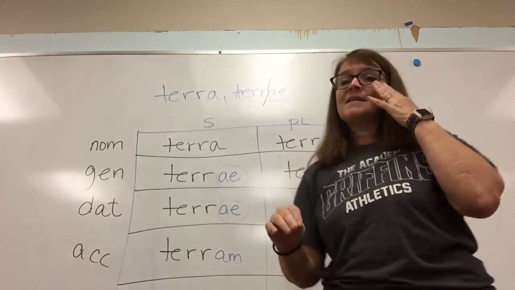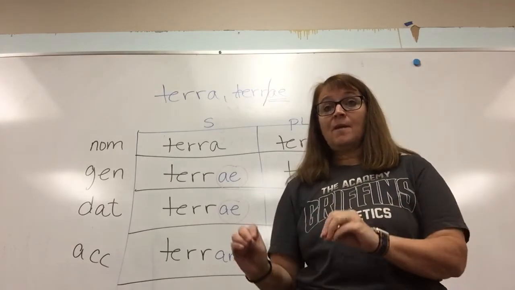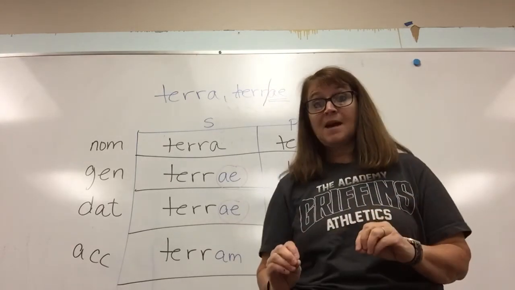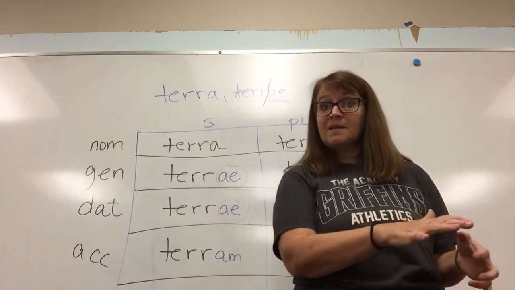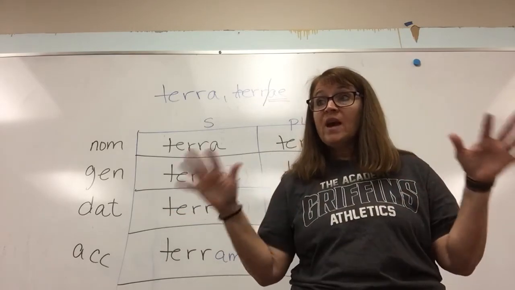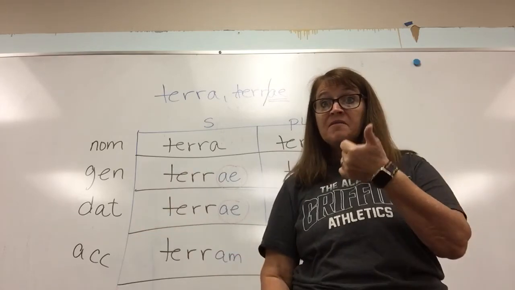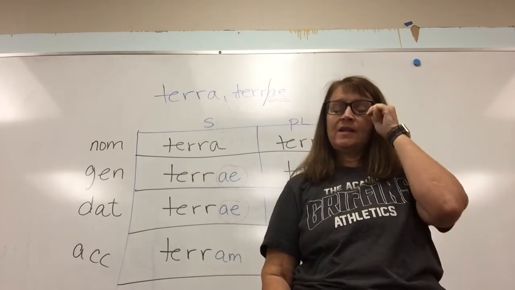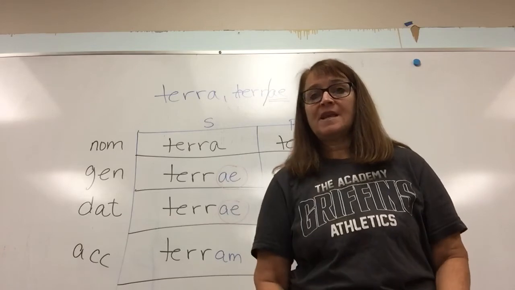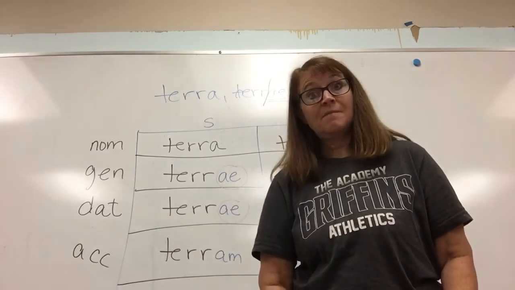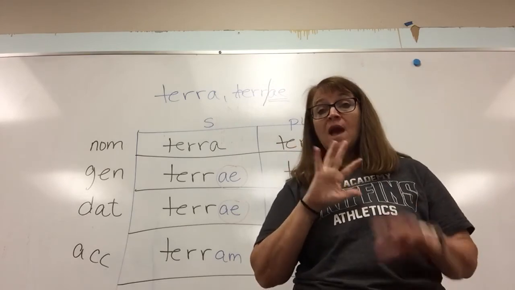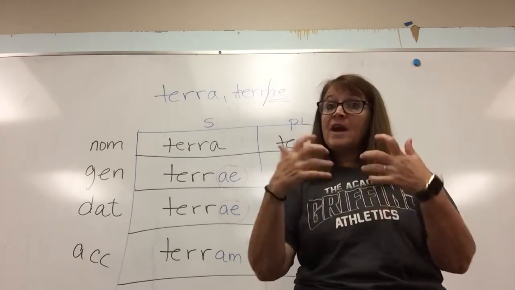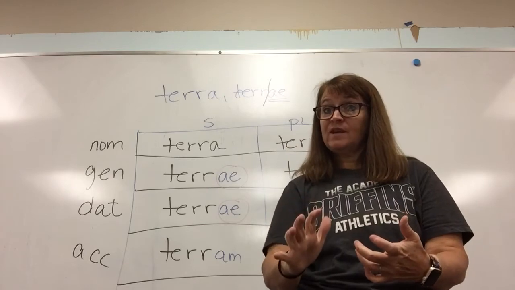Yes, every feminine being is feminine and every masculine being is masculine. So a mother would be feminine, a king would be masculine. But all the other things might be feminine, masculine, or neuter. So this is an example. The word for desk is also first declension: mensa, mensae, and it's feminine. We have some rules that are going to help us learn the gender of the nouns.